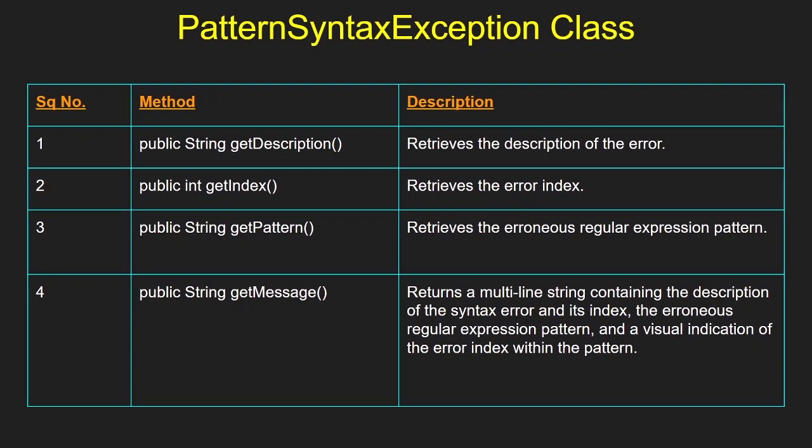Next one is getMessage. It returns a multi-line string containing the description of the syntax error, the regular expression pattern which had the error, and a visual indication of the error index within the pattern. It is like a combination of all the above, so we will be using that mostly.